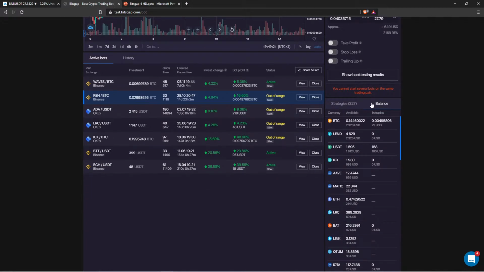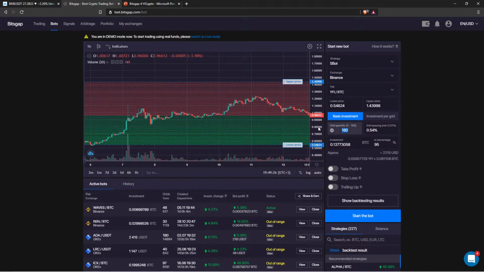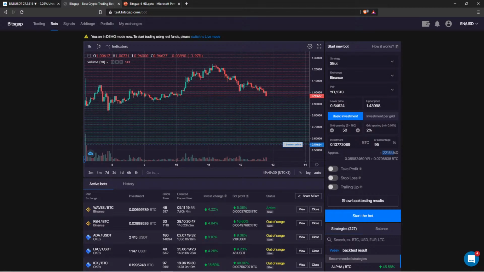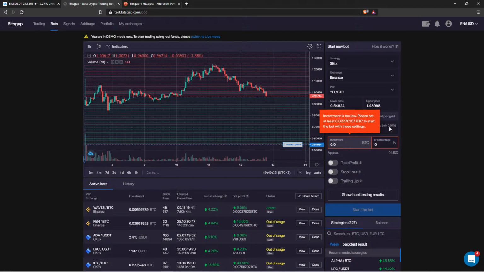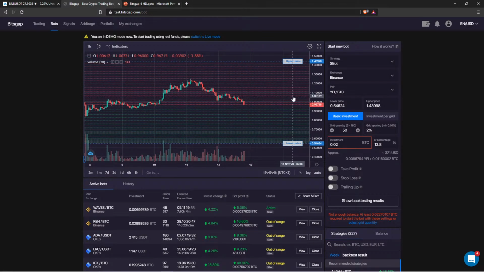So let's switch again back to UFI Bitcoin and launch it with only 50 grid levels. Here's the exact investment value. You can change it, let's say to 0.6, maybe to 2. Notice the notification that if I want to execute this algorithm with the investment value of 0.02 Bitcoins and with 50 grid levels, that's not enough.